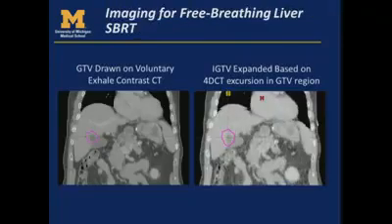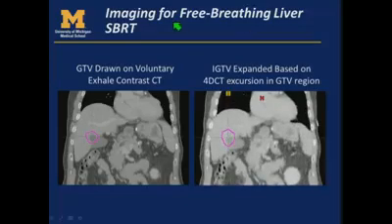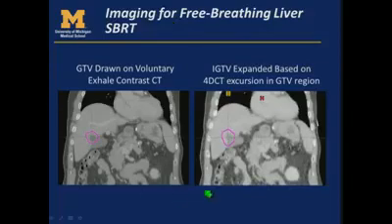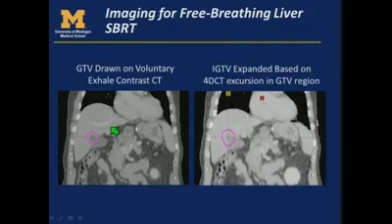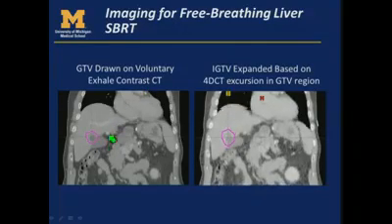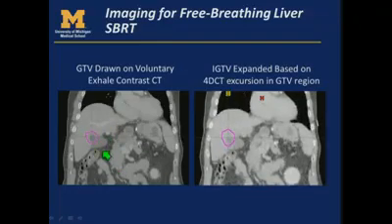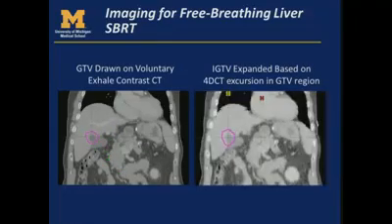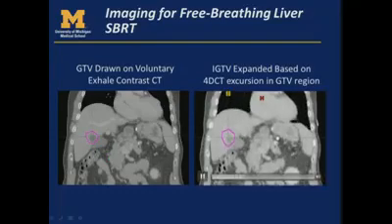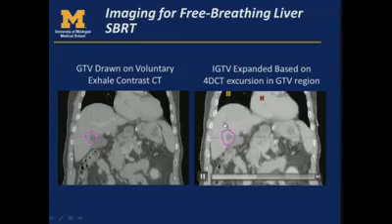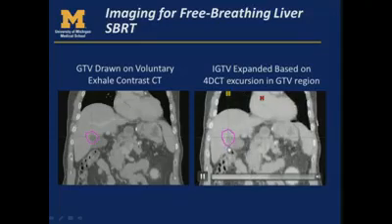This is just an example of one of our patients where we are going to treat the patient free breathing. Here on the left we have the GTV drawn on a voluntary exhale contrast CT. This was taken based upon a nice simulation directive put together by Mary. And then over here you can see the 4D CT, so we can see the excursion of the tumor on 4D.